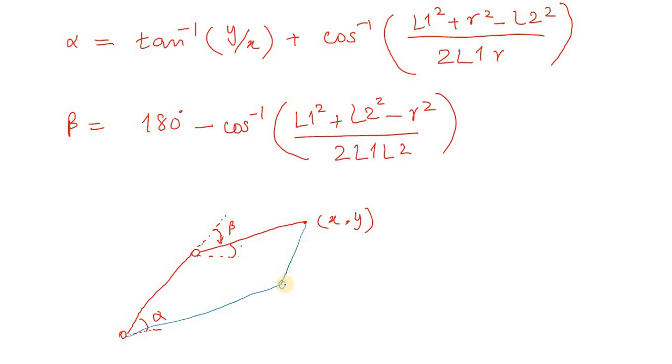So this is another, different value of your beta and your alpha here. So it means that there can be multiple solutions to the inverse kinematics problem.